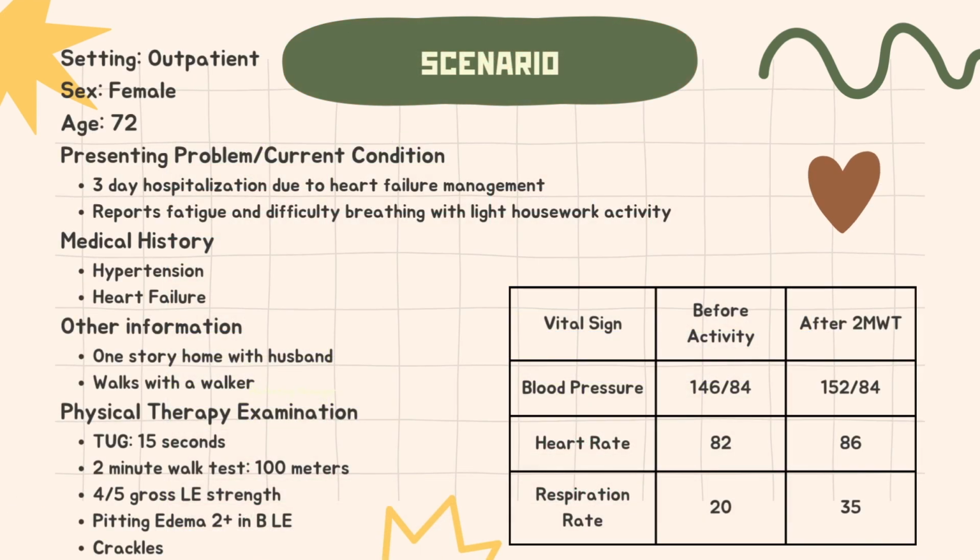Okay, time for questions. So we are going to do a scenario-based question today. I'll read out the information, but this information will be on the actual practice question slide.